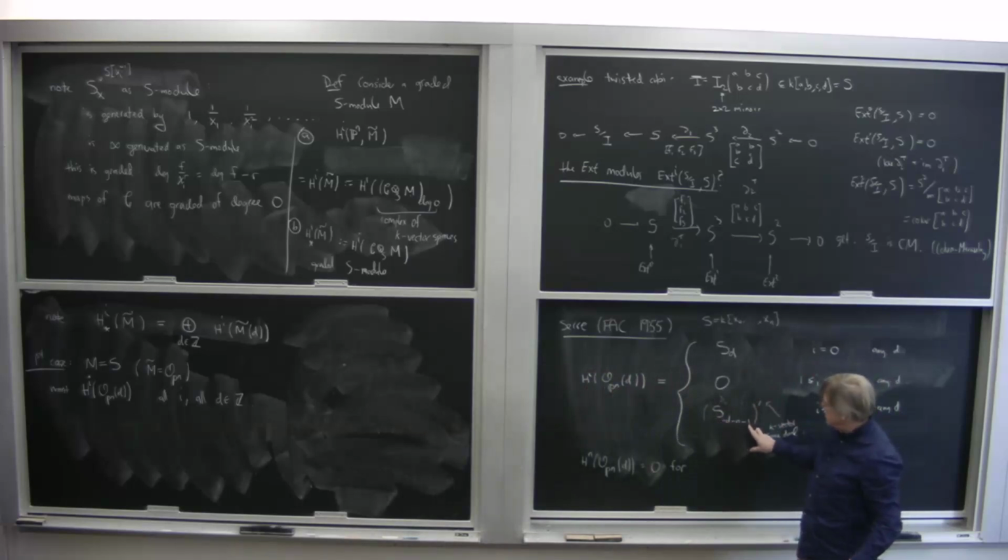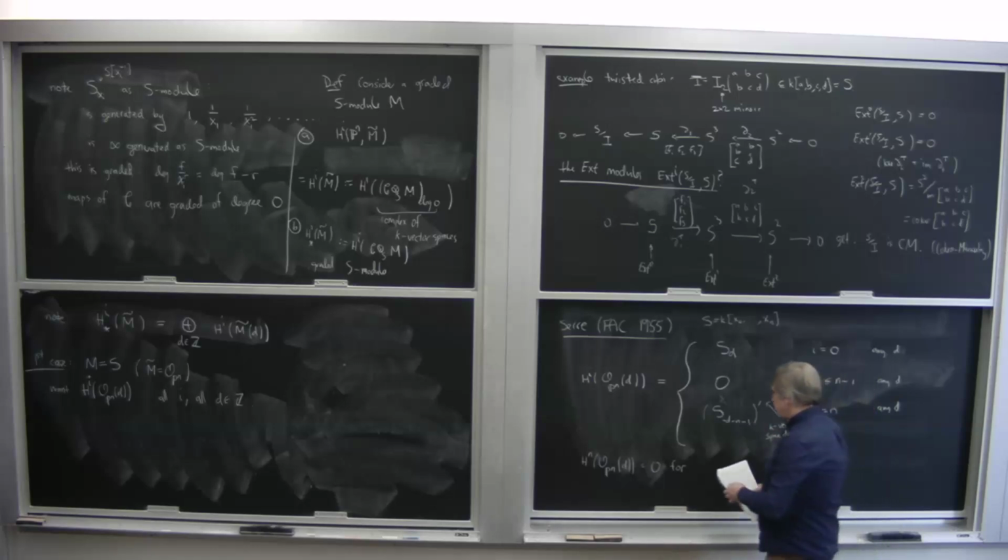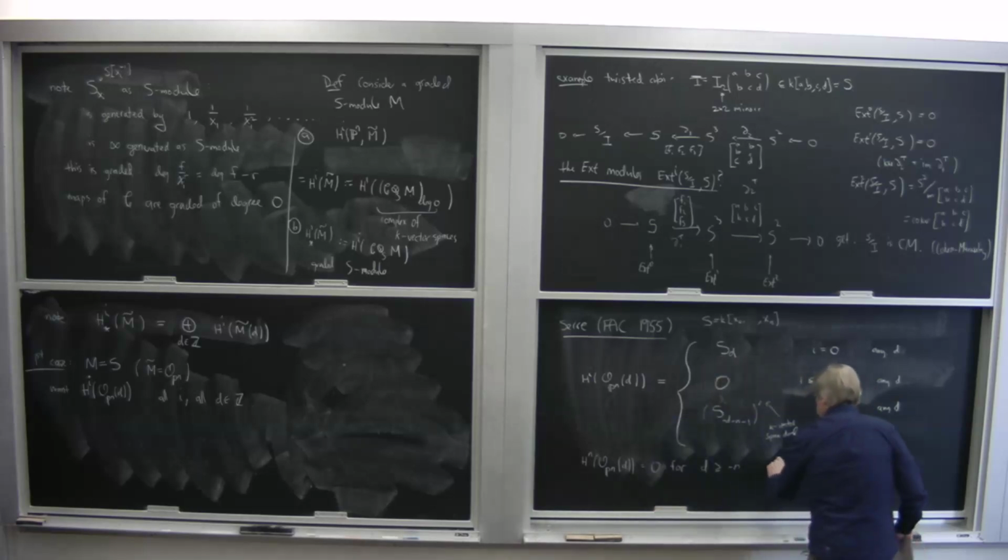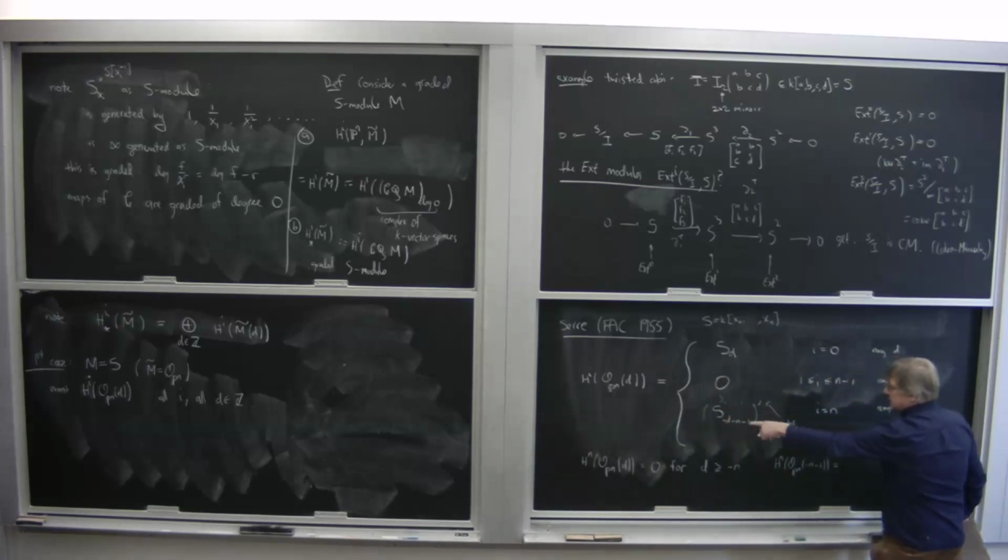That happens if minus d minus n minus 1 is less than 0, meaning d is greater than minus n minus 1. So for d greater than or equal to minus n, this is 0. And H^n of O_{P^n}(minus n minus 1) is a single vector, so it has dimension 1.